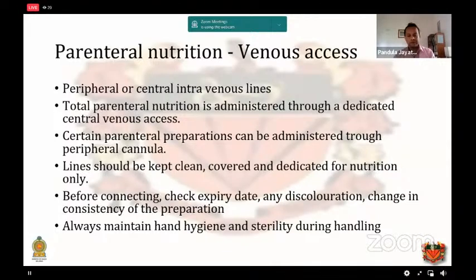Before you administer these nutrition preparations, we have to check the expiry date, discoloration, and change in consistency. During the handling of these preparations, we have to maintain hand hygiene and sterility, which can prevent line-related infections.